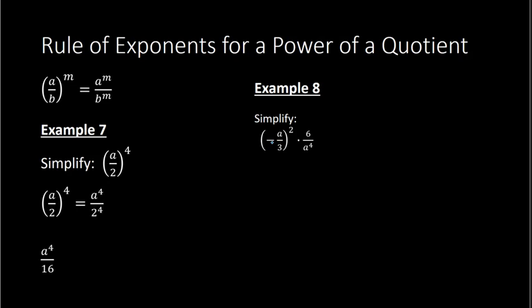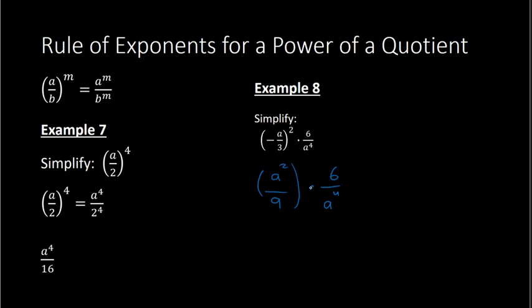We have a negative number raised to the 2nd power, which means negative times negative, which would be a positive number, right? So our answer for this part will be positive. And then we have a squared, over the 3 squared, which would give me 9. So we have a squared over 9 times 6 over a to the 4th power.